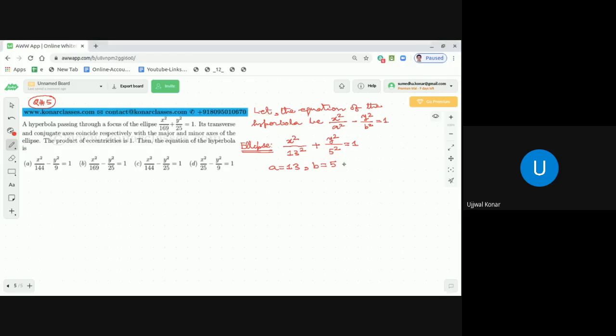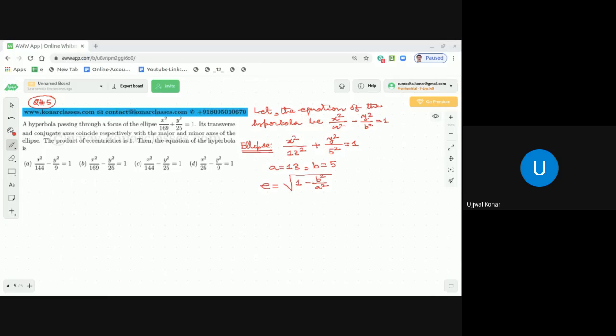Now, dear students, what is the eccentricity of this ellipse? We know the formula e is equal to square root of 1 minus b square by a square. If you recall, when we discussed the theory of ellipse, I said that these are the formulas you need to remember, because if you do not remember, it will be difficult for you to find the solution to this question.